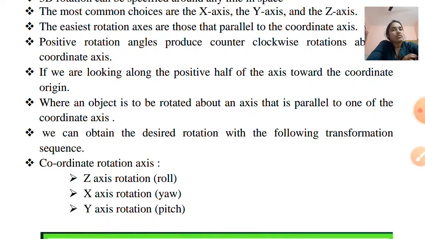So there are different transformation sequences in the rotation. The coordinate axis rotations are z-axis rotation, x-axis rotation and y-axis rotation. Z-axis rotation is known as roll, x-axis rotation is known as yaw, y-axis rotation is known as pitch.